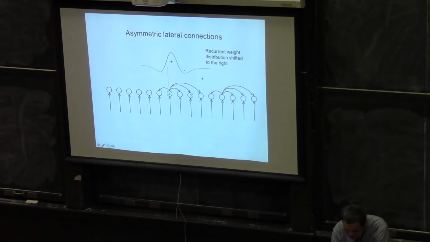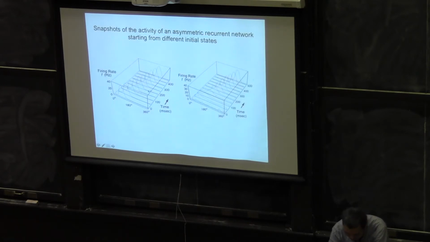If you do something like this, the system will have a traveling wave of activity. It's like a soliton, except there's no collision. Even if you start from a random initial condition, the activity will emerge and travel at a certain speed. That speed is proportional to how much you shift the weights, right?